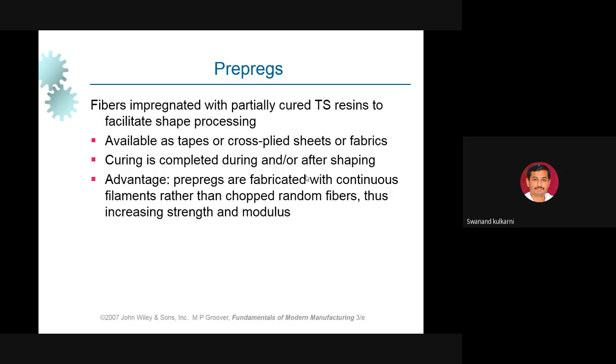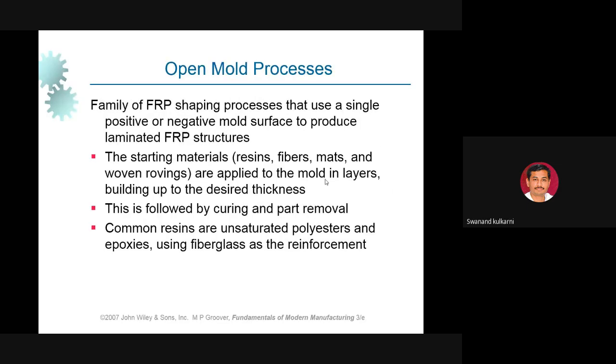These are available in the form of tapes, cross-plied sheets or fabrics. Curing is completed during and after shaping. Is it okay? So these are the prepregs. A number of times the prepregs are used for manufacturing the composite material.